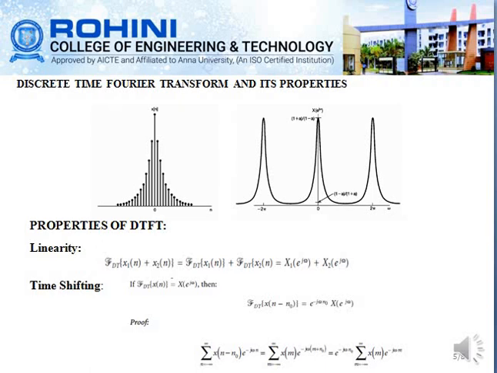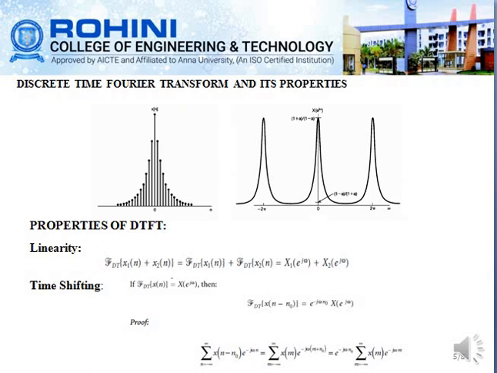Here is the proof: summation n equal to minus infinity to infinity x(n minus n naught) e^(-jωn), that is equal to summation m equal to minus infinity to infinity, replacing n minus n naught by m, so x(m) e^(-jω(m plus n naught)). So n naught is a constant term, so we keep it outside.